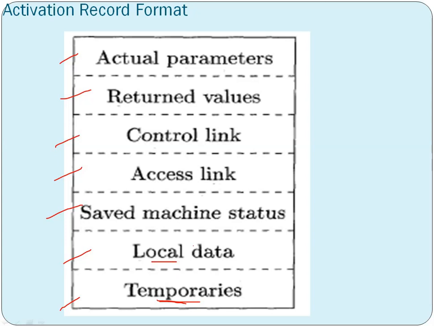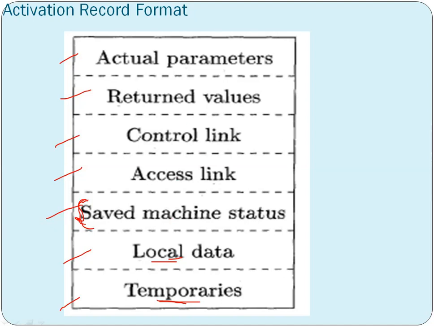Local data means the function's local variables, whose values are kept in the local data. Saved machine status means the machine status before this function call is stored, so that after completion of the call it goes back to the previous state.